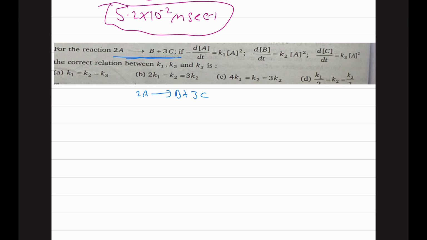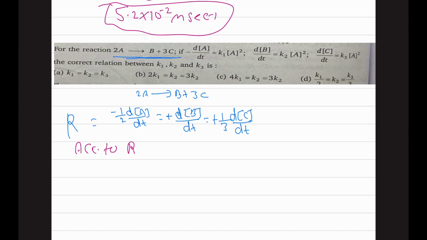The expression of rate I can write as minus 1 by 2 dA by dt equals plus dB by dt equals plus 1 by 3 dC by dt. This is the expression of rate, or we can write R, the rate of reaction, equals this one.